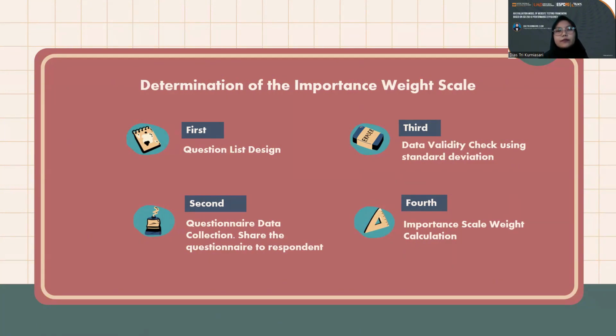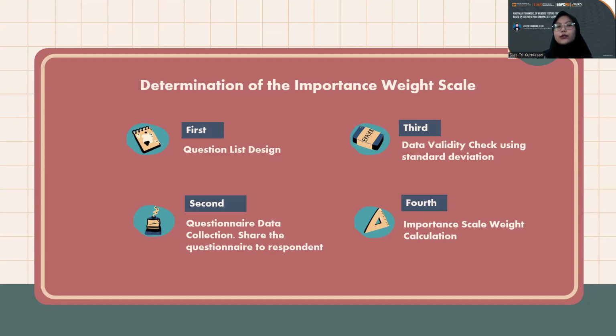The next step is determination of the importance weight scale. That is from the experts. The first step is we have to make a question list of every question that we have to ask the experts. Then we share the questionnaire with experts with a minimum of 2 years of experience in software development or software testing.